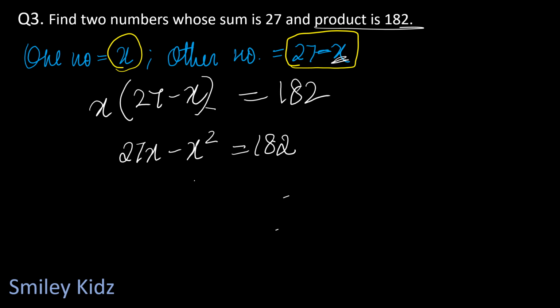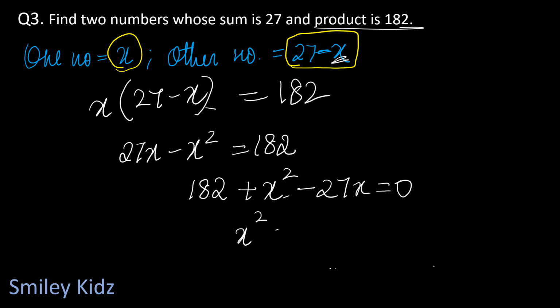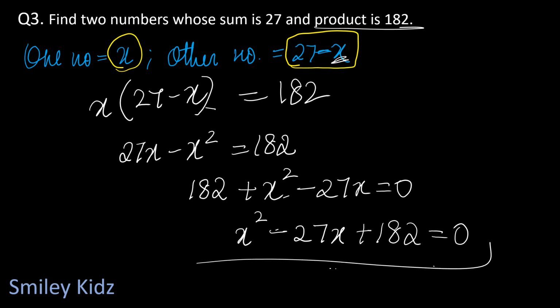This turns out to be 182 plus x square minus 27x equals 0. On further transforming this to the standard form, we get x square minus 27x plus 182 equals 0.